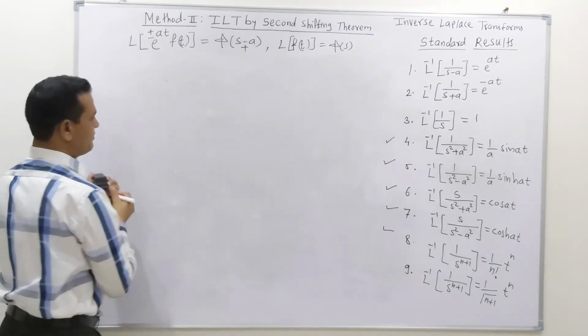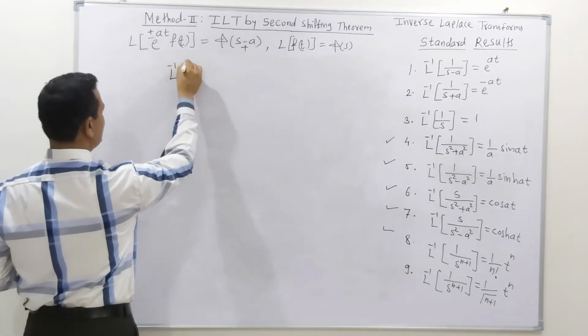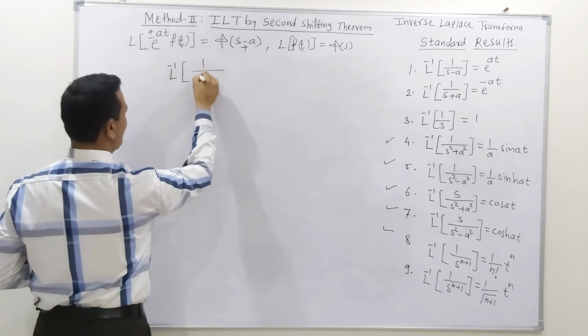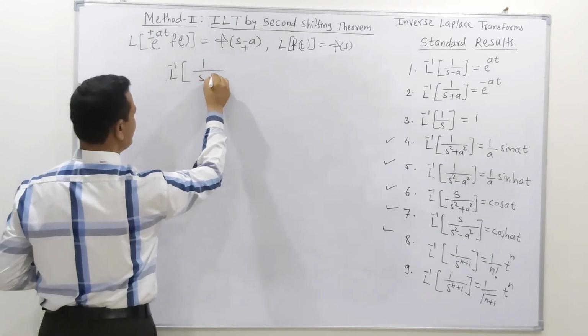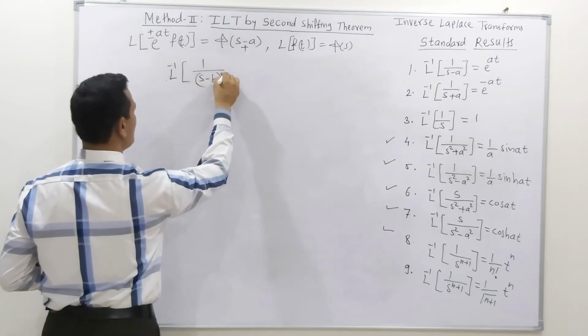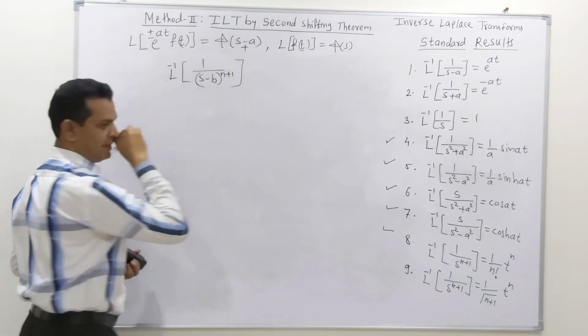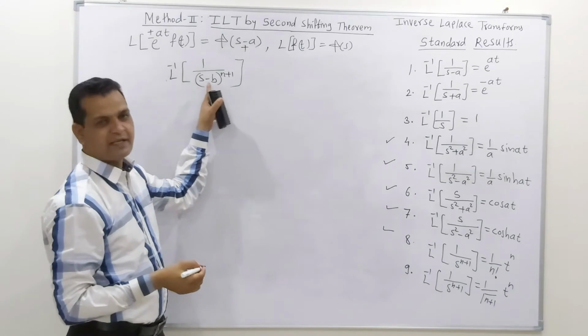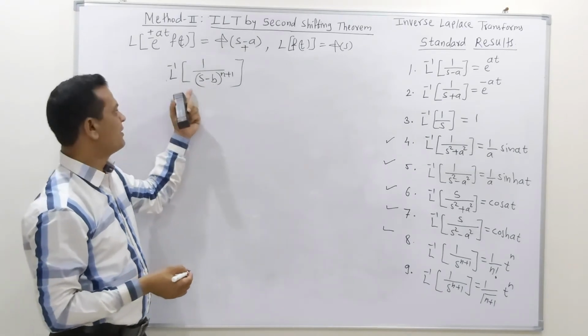For example, the inverse Laplace transformation of 1 upon (s minus b) raised to n plus 1. So here we subtracted the constant term b from the parameter s.